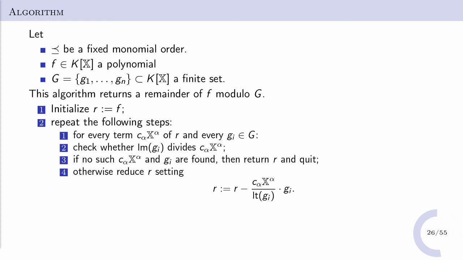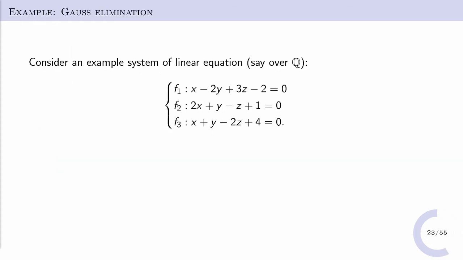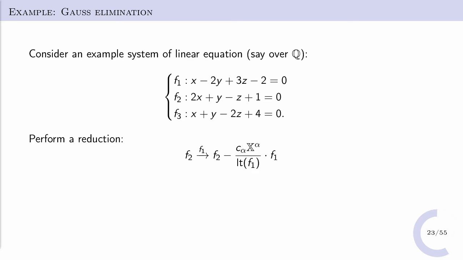In fact, let me show how it works on the example where we have just a system of linear equations. So we consider the system of linear equations. So this is our f1, this is our f2, and this is our f3. And we wish to reduce f2 and f3 modulo f1. So we want to reduce f2 modulo f1.